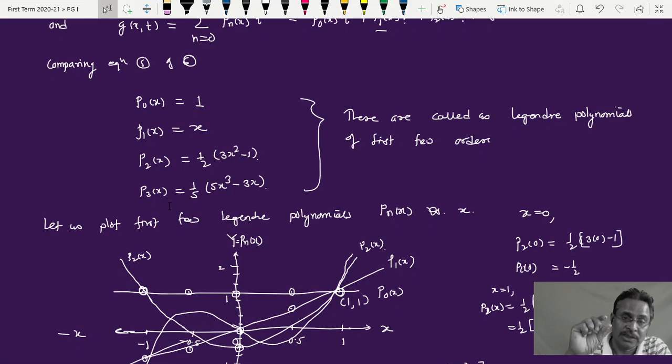So the Legendre polynomials obtained by the generating function method, by the Rodriguez formula, and using the series solution method in the previous chapter are exactly the same. Additionally, we have plotted this Legendre function and we got this type of diagram here.